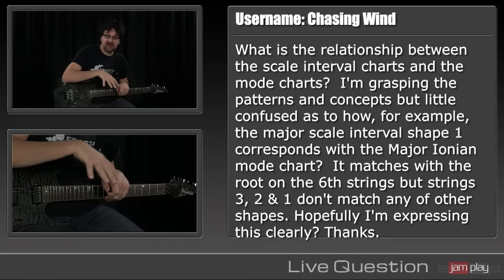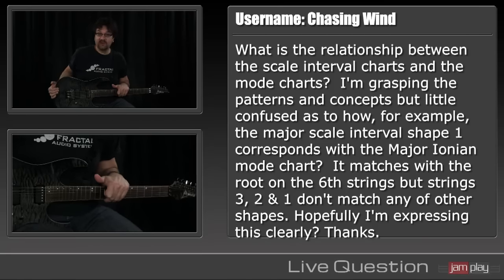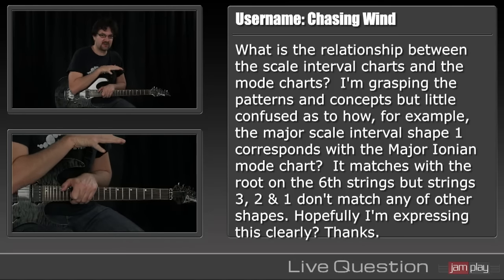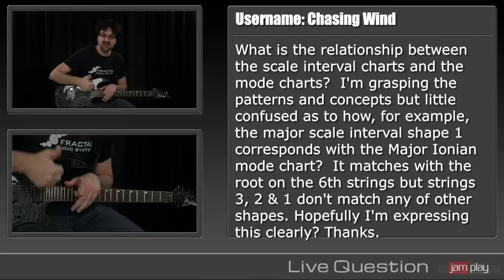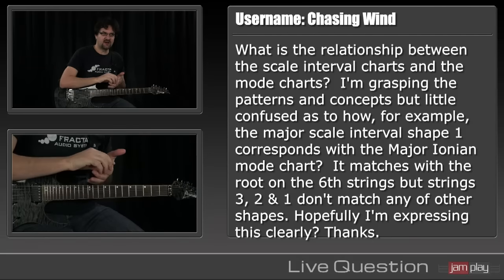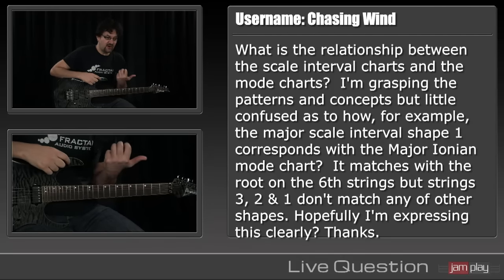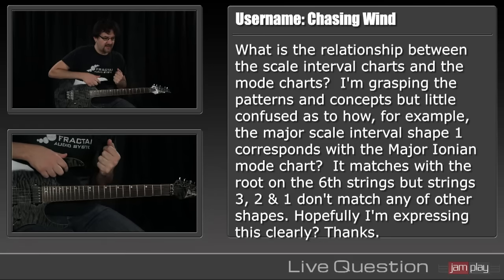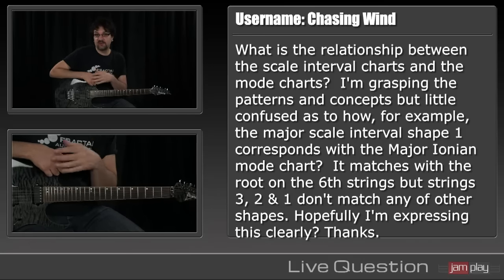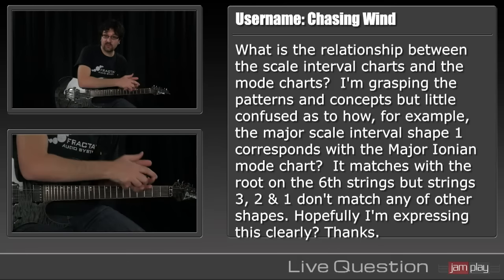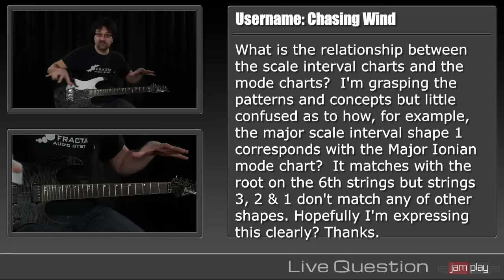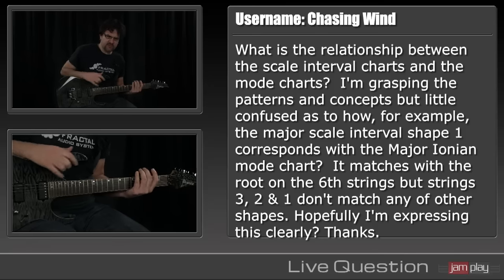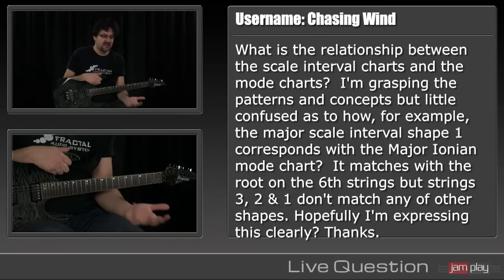The scale interval chart that Chasing Wind is referring to here, I think, is the very first diagram that we talked about in session 1. That was basically a shape that listed all the major intervals and the perfect intervals. And the mode chart, I think, has to do with last week's sessions where we studied different modes.